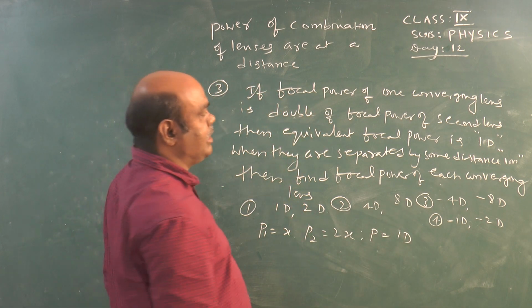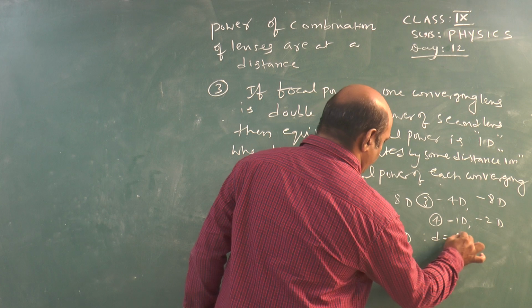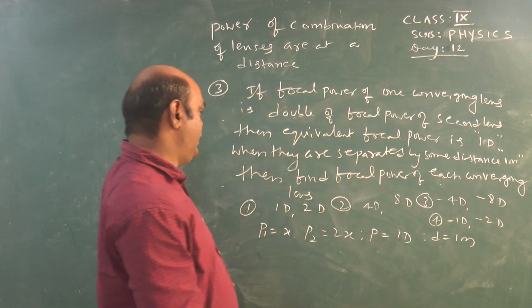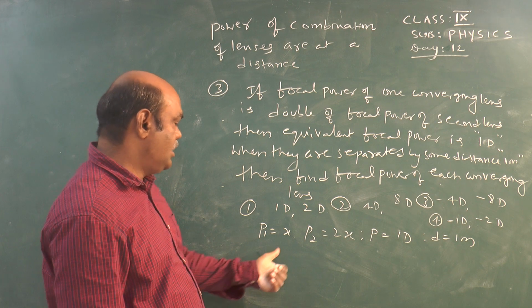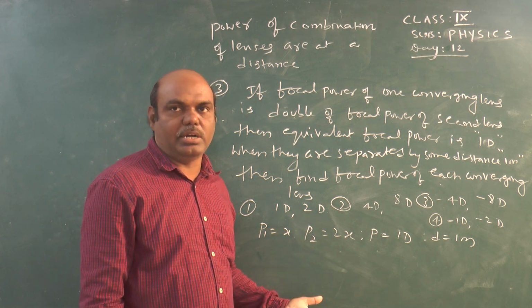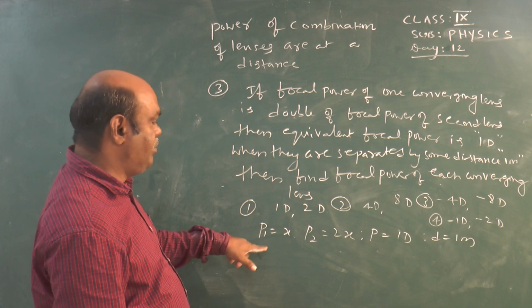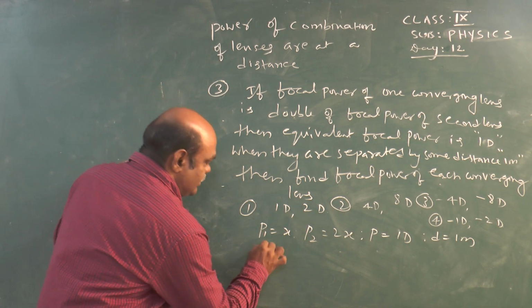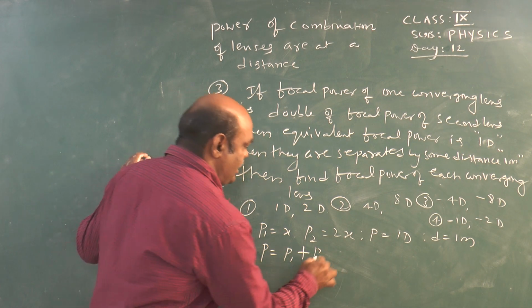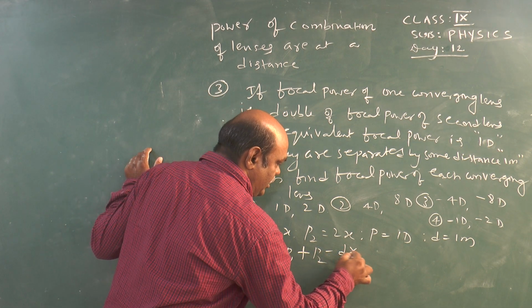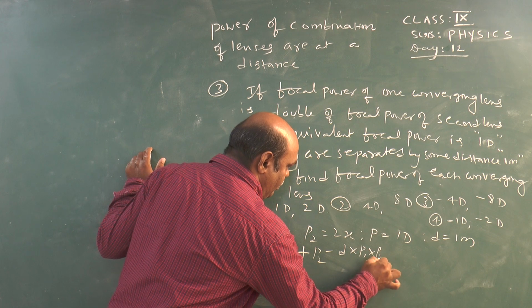They are separated by some distance 1 meter, so D equal to 1 meter. Then find the focal power of each converging lens. That means we have to find X and 2X. First our aim is to find the X value. So what is the basic formula? P equal to P1 plus P2 minus D into P1 into P2.